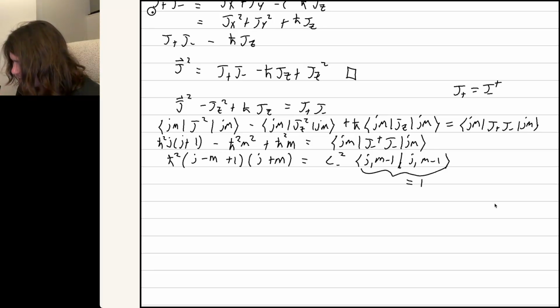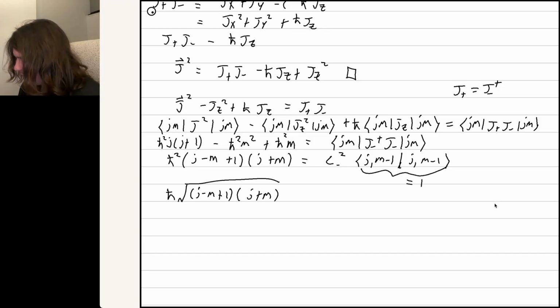Then you just take the square root of both sides, and you get this stuff. And now we've found values for c minus.